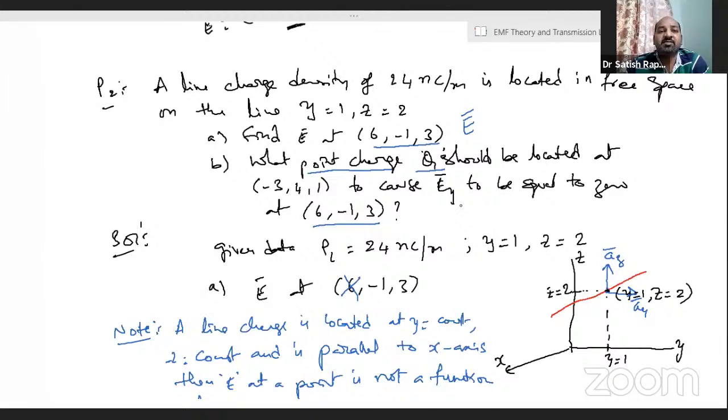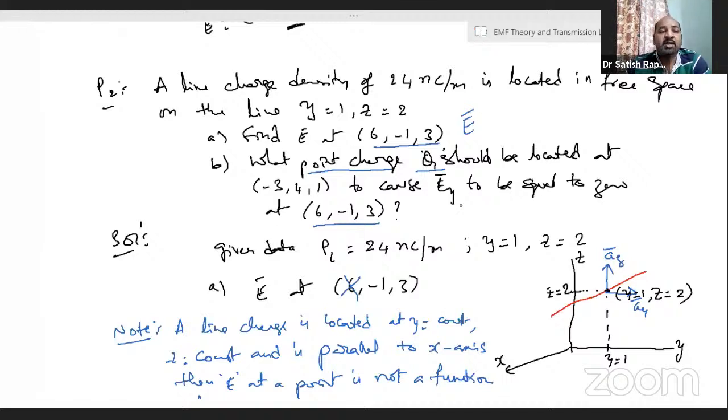So now what is the resultant electric field? The resultant electric field is the sum of electric field due to line charge and electric field due to point charge. Earlier we discussed that if the field consists of n number of point charges, the resultant electric field is the vector sum of field due to individual point charges.